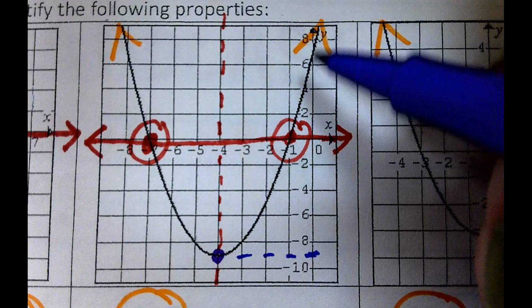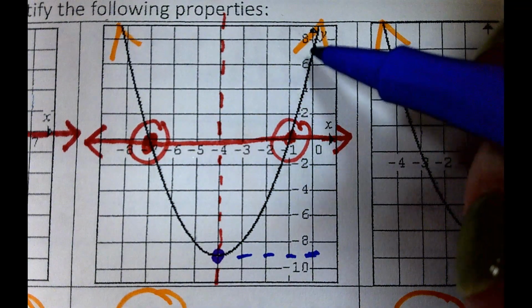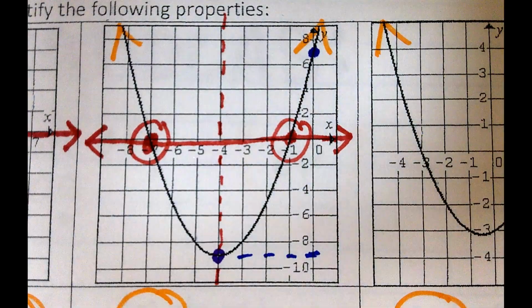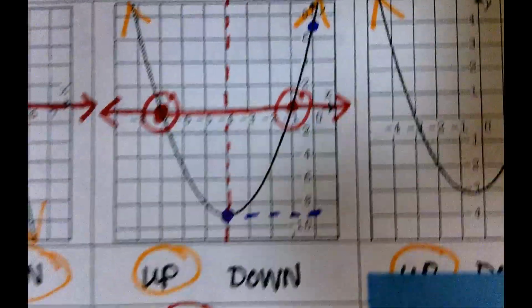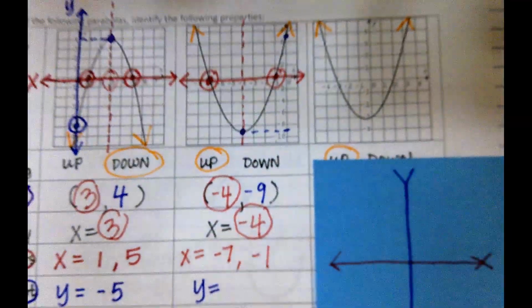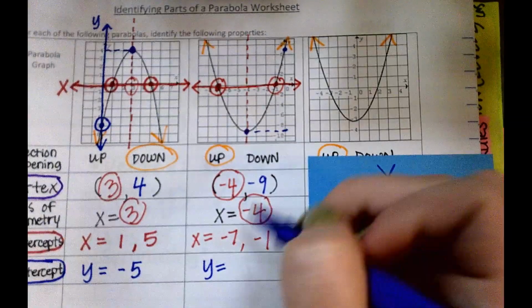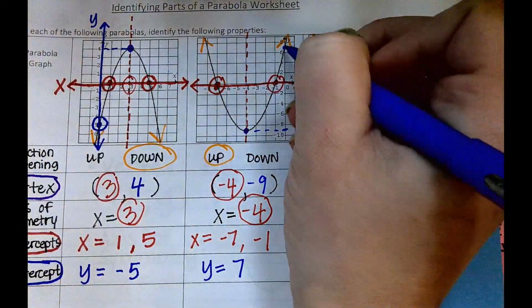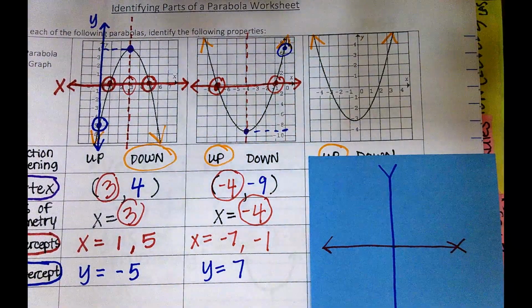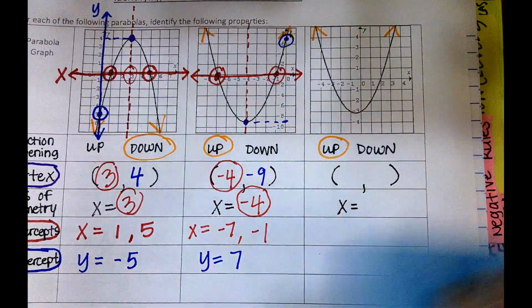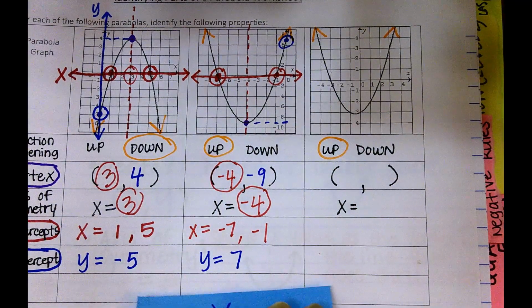Can you see how it crosses over on both? So what's in the middle of 6 and 8? 7. So our y-intercept is 7. Good.